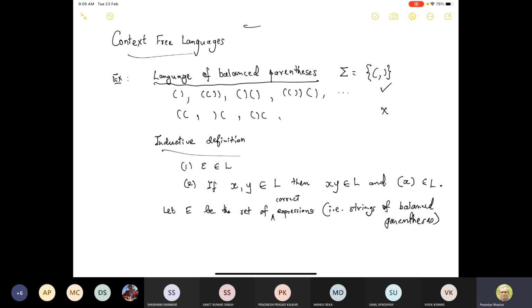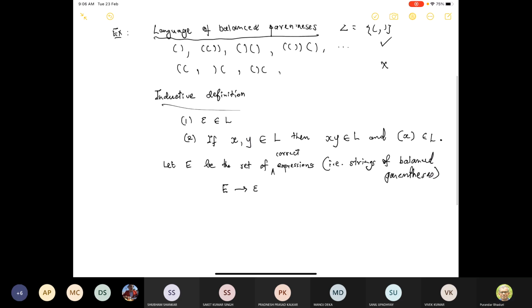Then another way of writing this inductive definition is to say these three clauses. The first one says that the empty string is a valid expression.